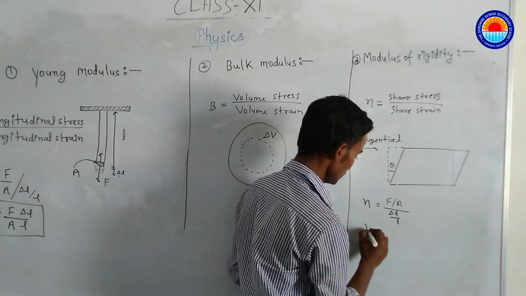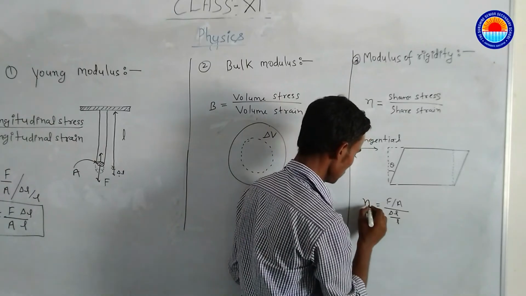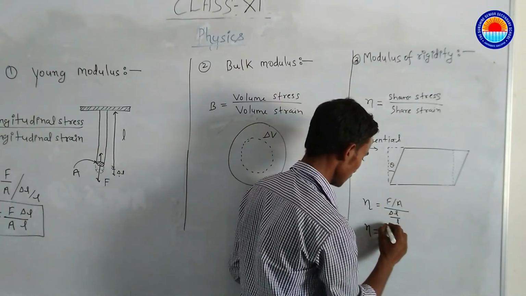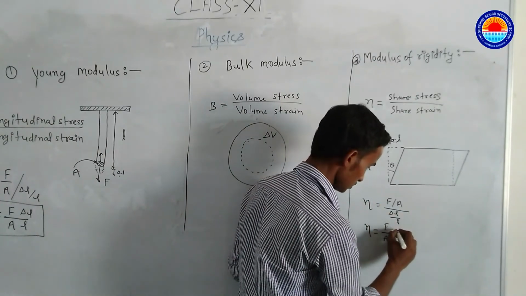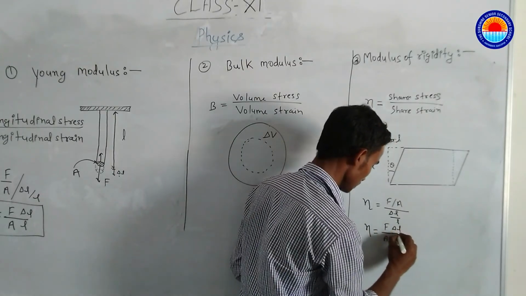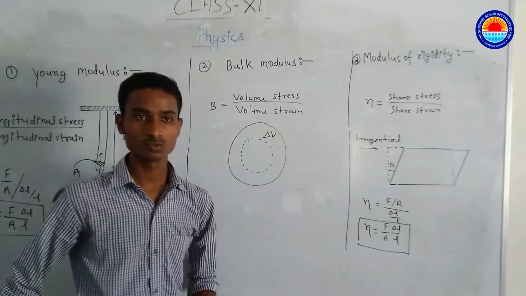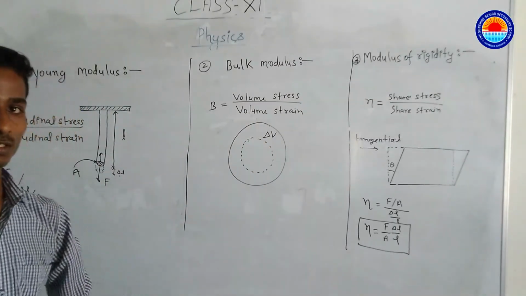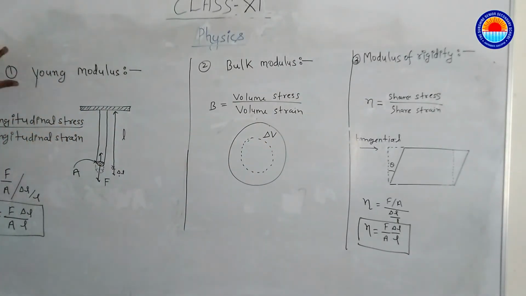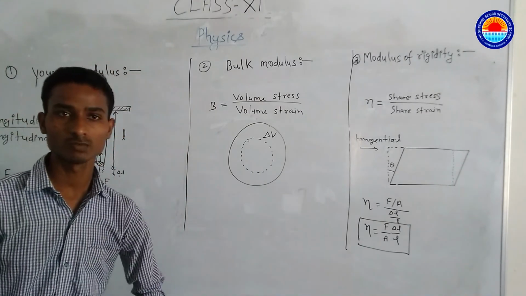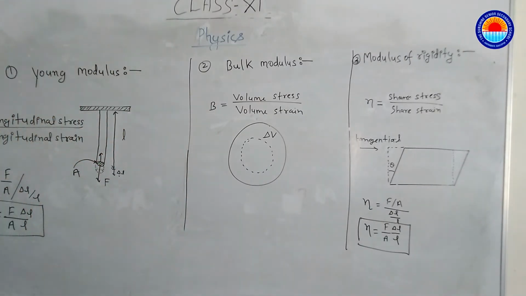So eta equals F upon A divided by delta L upon L. In the next video, we will solve questions based on this, building on the previous video.